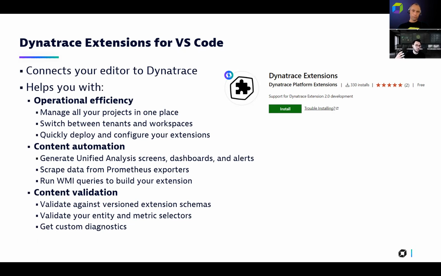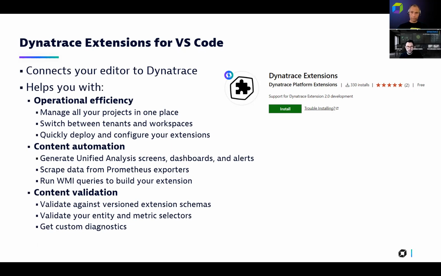The VS Code extension allows us to do this behind the scenes very seamlessly. You don't have to worry about where those files are stored, and you can easily switch between versions. And we've also added a couple of our own custom diagnostics that go a little bit beyond what's contained in the schema.